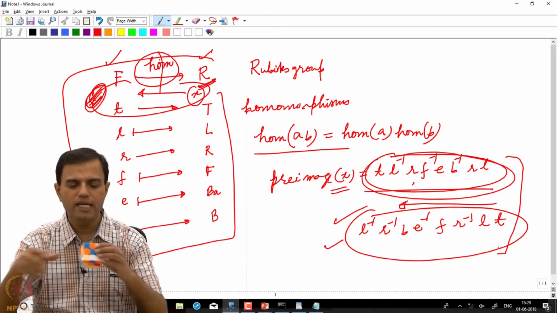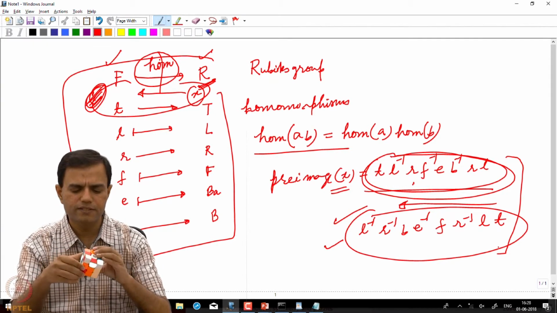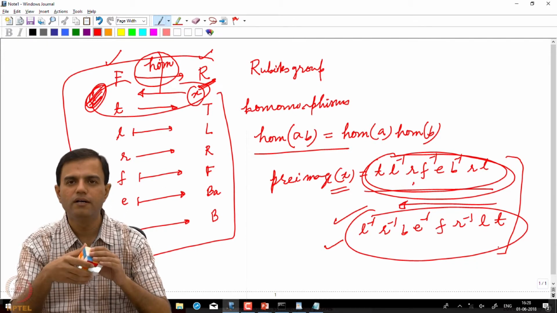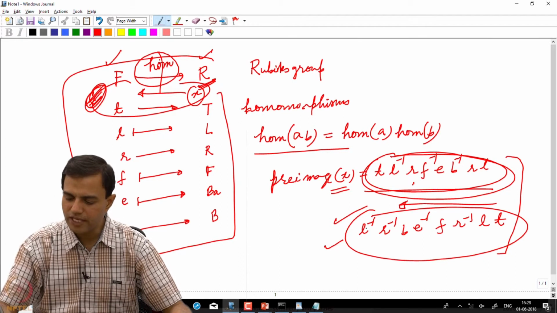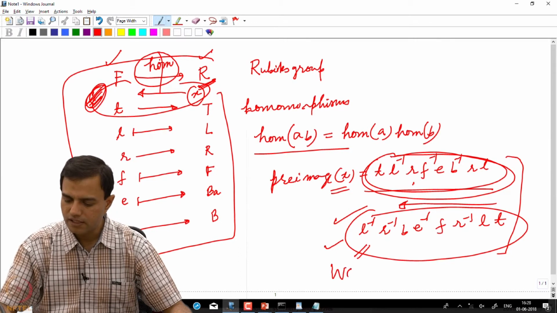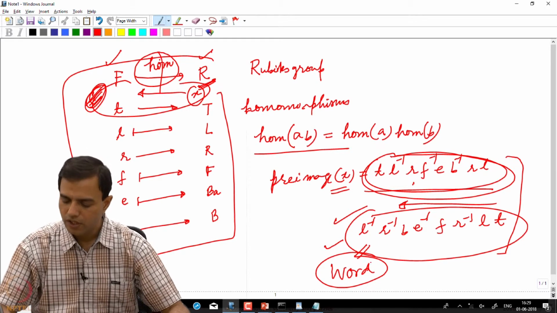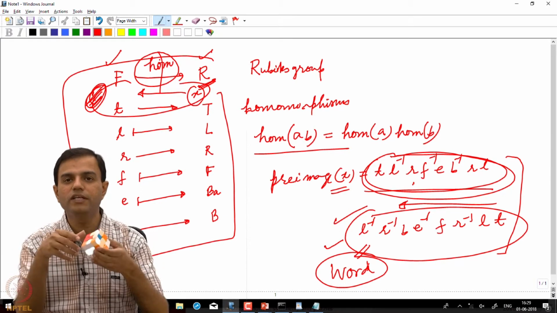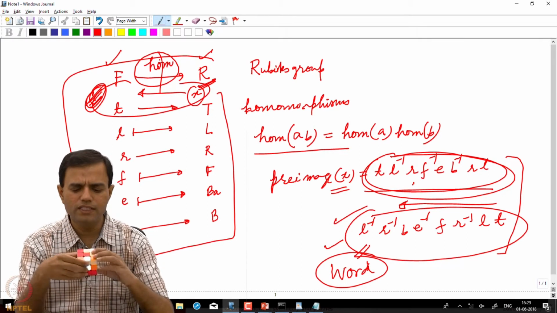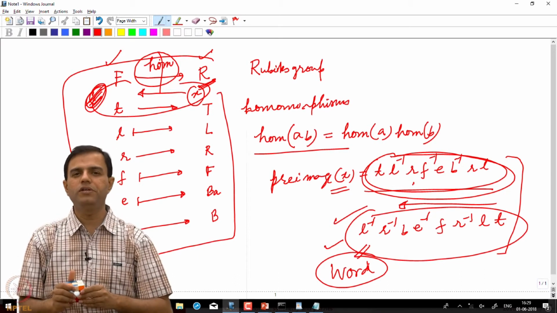And as you can see here, the sequence of all these moves is nothing but a word, right? This expression, as you recall, is a word in the free group. So everything is a word in a free group, all these moves that you are doing. You should try to realize them as elements in a free group.